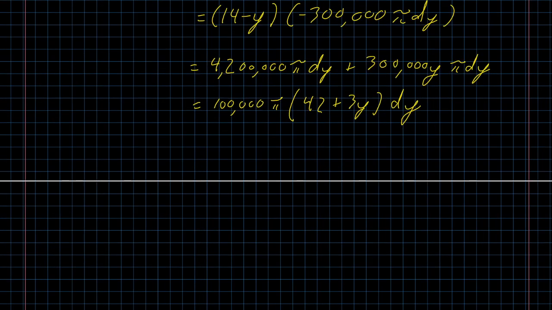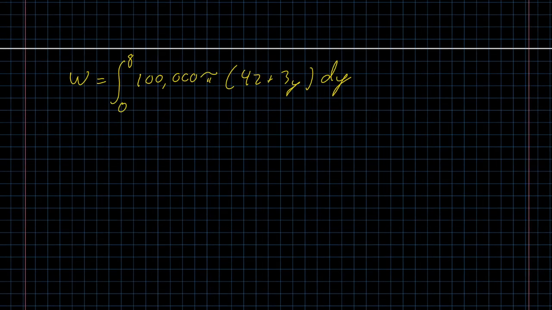Now to figure out what W itself is, the total work, add together the work done on every single one of these disks. There are infinitely many of them, so we'll integrate from the starting point. The bottom of the barrel is y equals 0, the top of the barrel is y equals 8, and we've got 100,000 pi times 42 plus 3y dy.